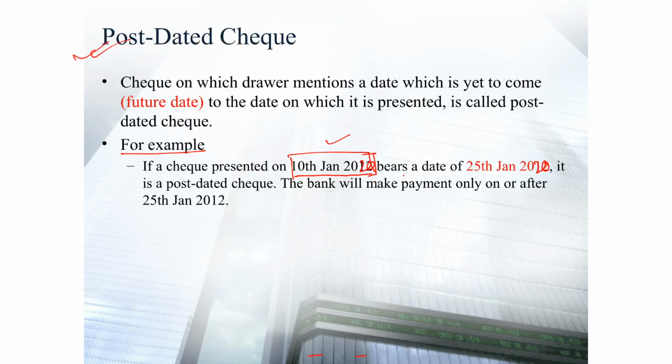If the check is presented on 10th January 2020 but it bears 25th January 2020, it is called a post-dated check. The bank will make payment on or after 25th January 2020.